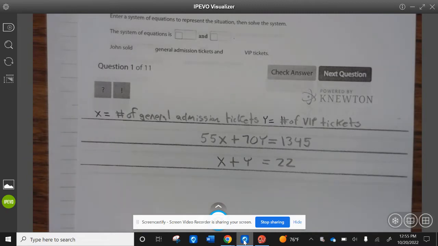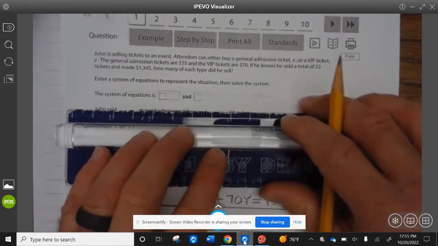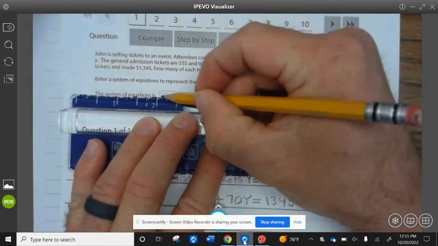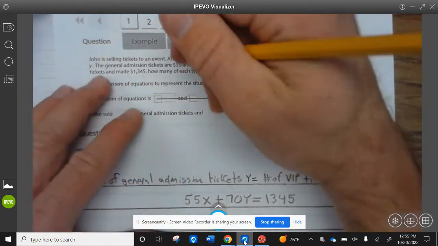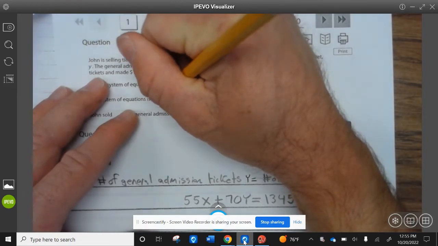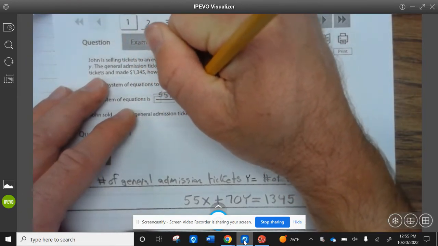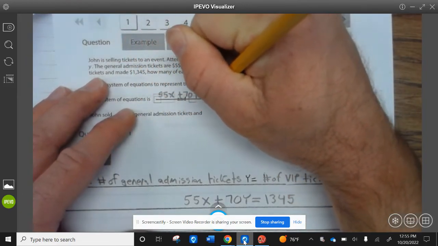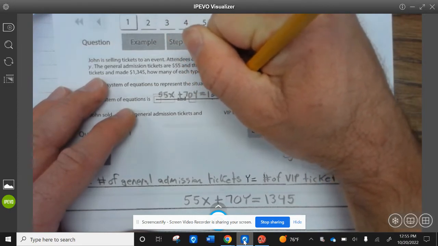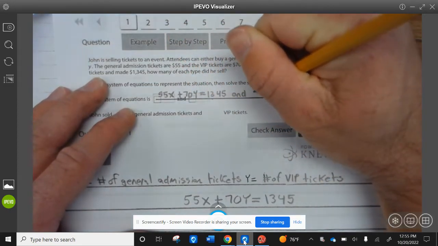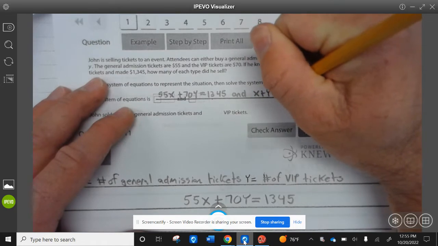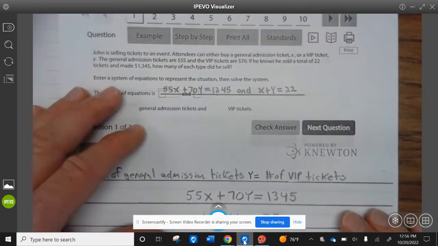All right, so there's our equations. So we have 55X plus 70Y equals 1,345, and X plus Y equals 22.